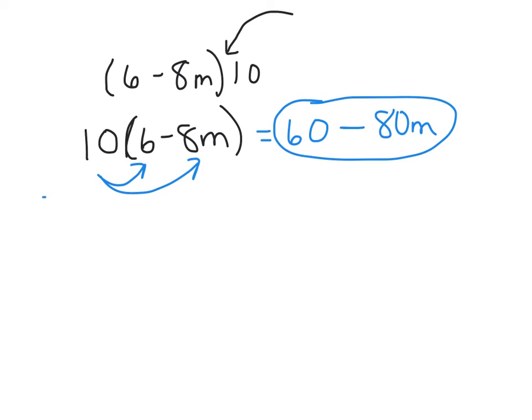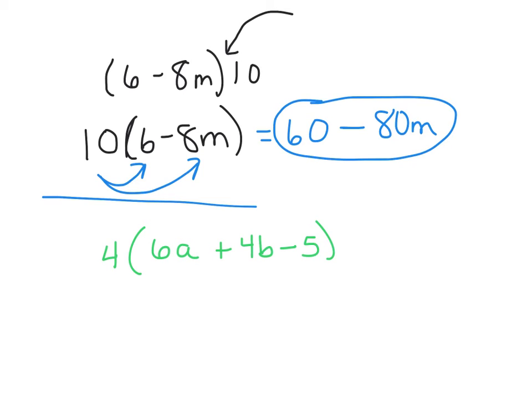I think I will show another one because it's not always a fact that you're going to have two things in the parentheses. So let's say that we have 6a plus 4b minus 5. So it's a little bit bigger chunk inside the parentheses, and we're going to multiply. The rule still applies the same.